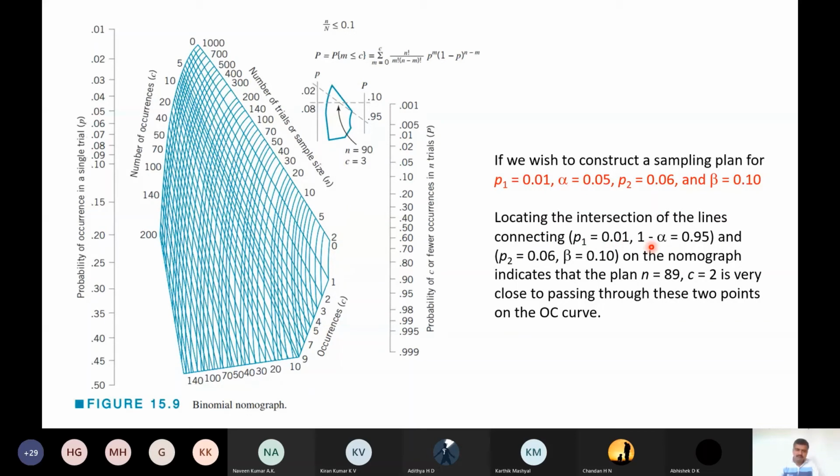A nomograph is like a graph sheet. You can get a nomograph for single sampling, or you can download this and take a printout. That itself is a nomograph.